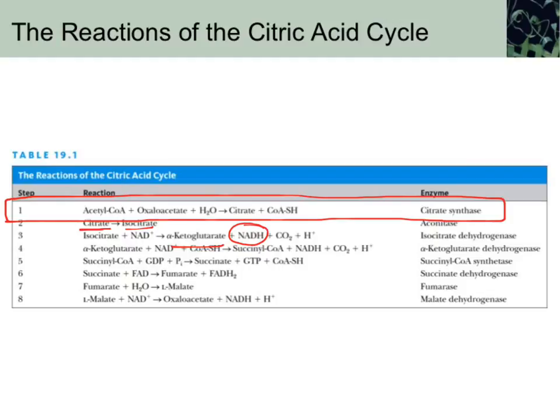What happens if citrate synthase works? I take this acetyl group, put it onto oxaloacetate, I make citrate, and now citrate goes through and makes more NADH. If I already have tons of energy, what happens if I initiate that first step? I make more energy. But if I already have tons of energy, I don't want it. So should NADH have an effect there?